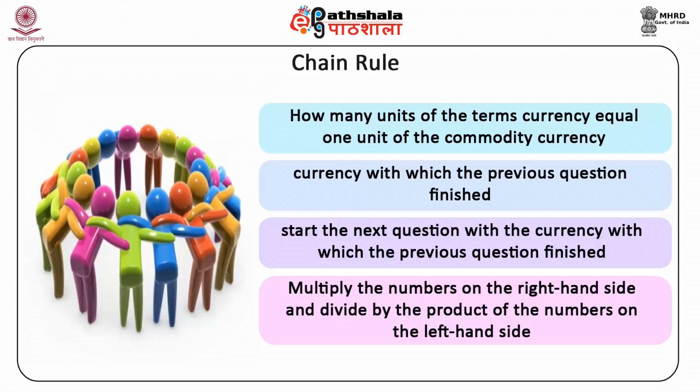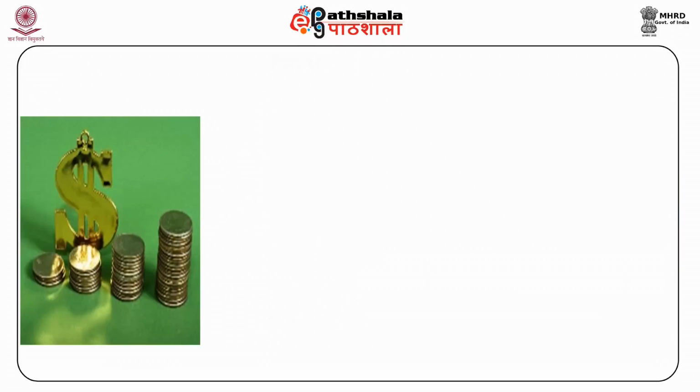Therefore, 1 Australian dollar is equal to 1 into 0.5420 into 1.2320 divided by 1 into 1 Swiss francs. That is, 1 Australian dollar is equal to 0.6677 Swiss francs.